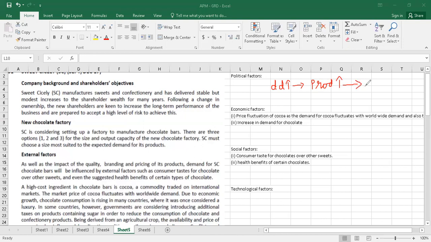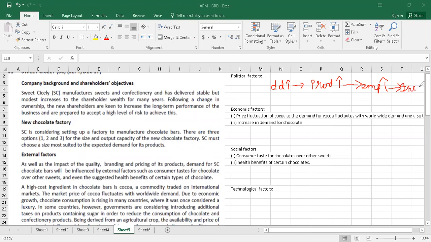When employment opportunities are available, people will find work and their income also increases. This will in turn increase the income that is available with people. So income increases, so more disposable income will be available with people.